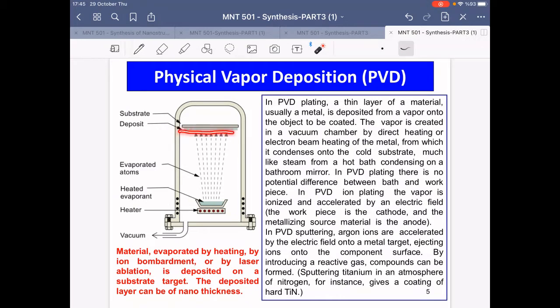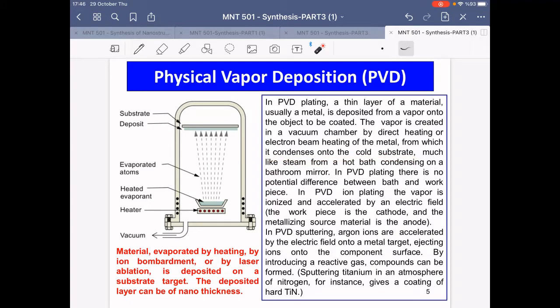So this is my object to be coated, and this is where the vaporization is happening. Okay, and the heater, the evaporant, and the evaporated atoms go and stick onto the substrate and are collected as a deposit. So the vapor is created in a vacuum chamber by direct heating or electron beam heating of the metal. Okay, here the choice of metal is important, from which it condenses onto the cold substrate.